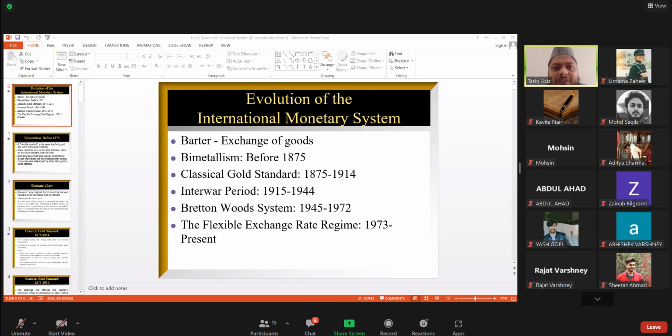This is a very broad subject, that is international finance. So today we will start talking about some background of how the international monetary system has evolved over time.